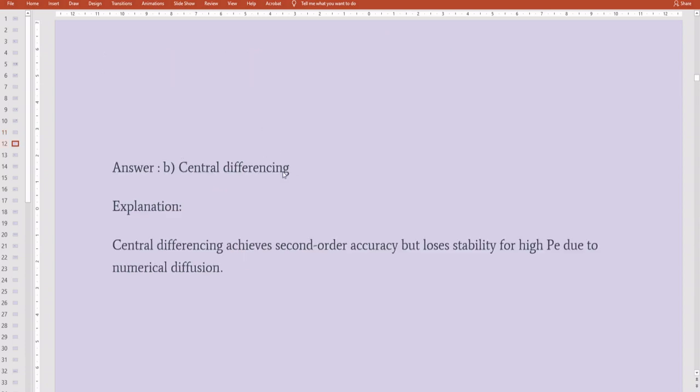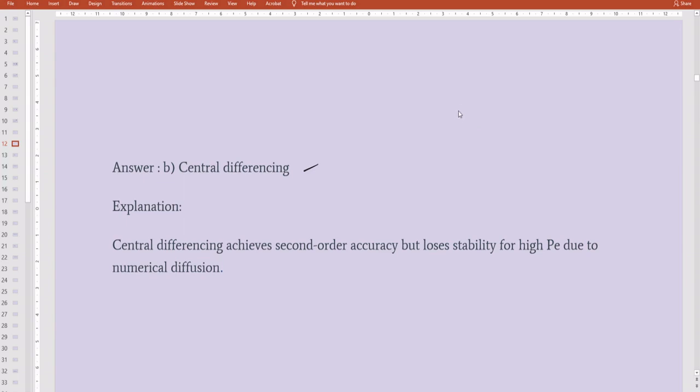So our solution is central differencing, because this problem we have asked in a different form before. At higher Peclet numbers, something called numerical diffusion creeps into it.